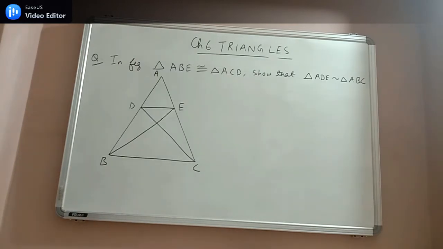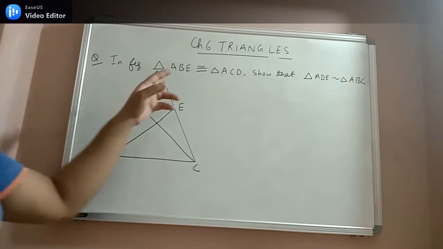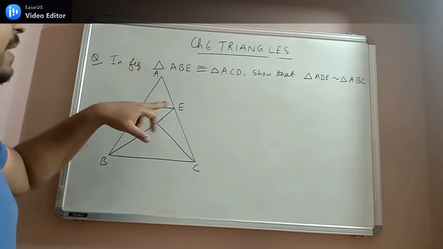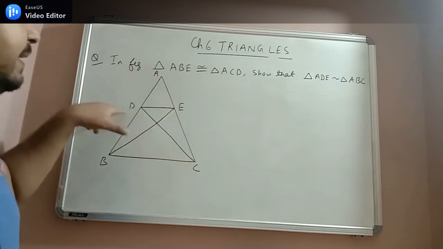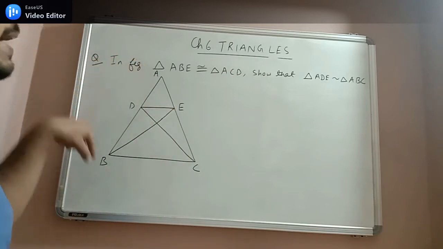Alright, students, let's take up a simple question. Question says that in the figure, triangle ABE is congruent to triangle ACD. Show that triangle ADE is similar to triangle ABC.